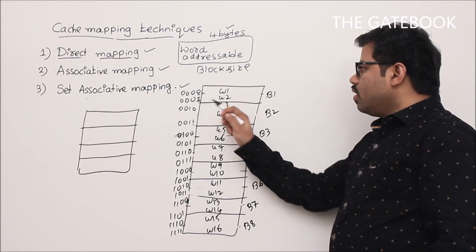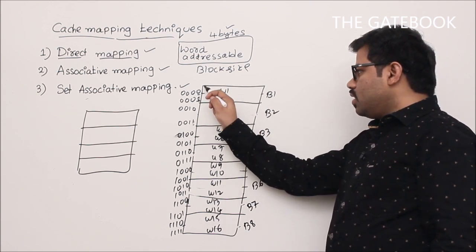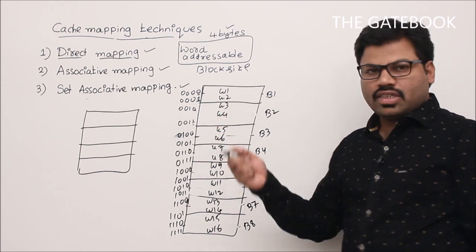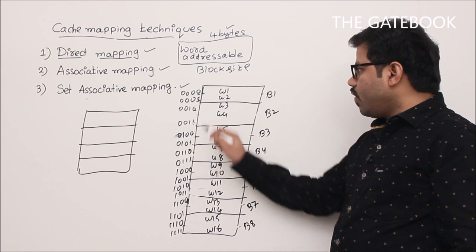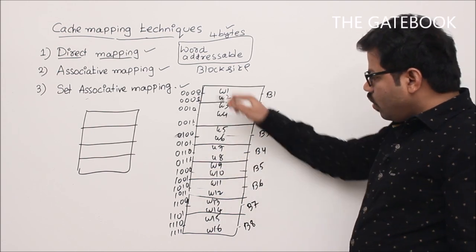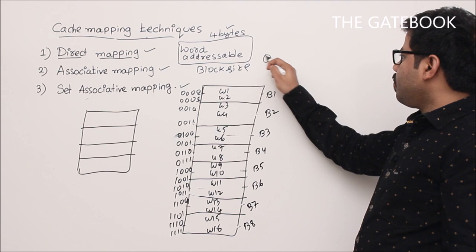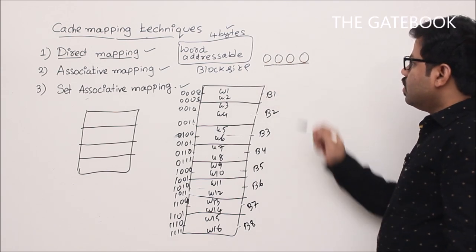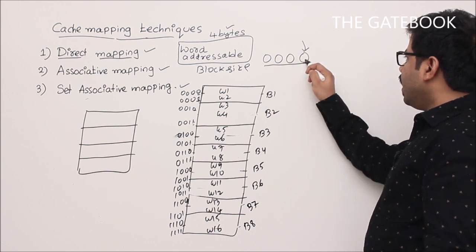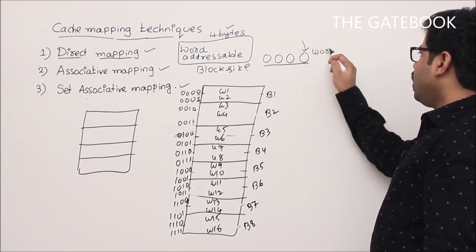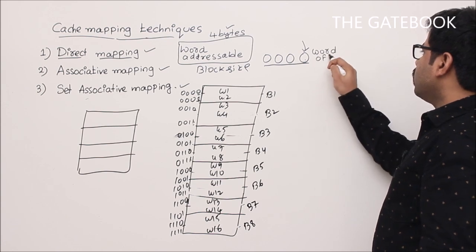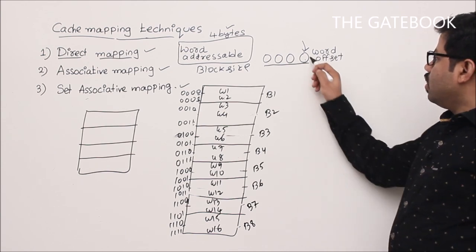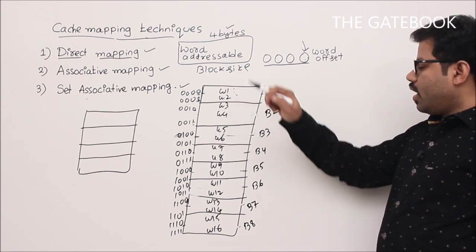We can use it for the word number. That means in this particular block, word 0, word 1, word 0, word 1, or first word, second word, doesn't matter. So whenever you have 16 locations, this is the typical address, and in that the last digit is indicating the word offset. That means the particular word number, correct?